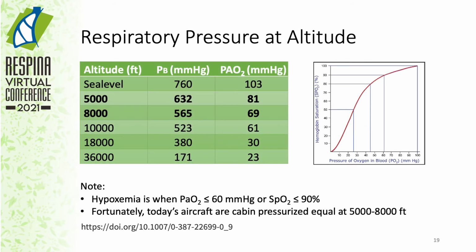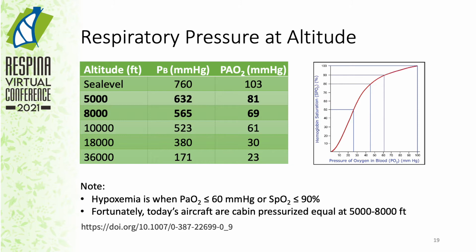Then, what are the physiological changes in the patient's body? As we are going higher, barometric pressure and partial pressure of oxygen are decreasing. Whenever you reach 8,000 feet above sea level, the partial pressure of oxygen decreases to 69 millimeters of mercury.